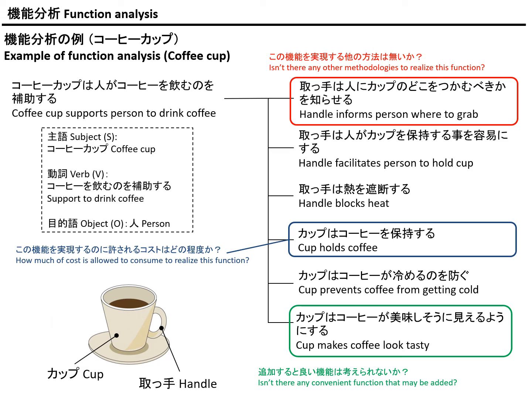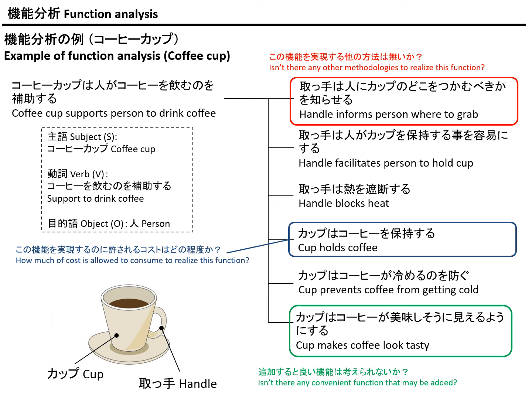And also, cup holds coffee, and you may ask this kind of question: how much cost is allowed to realize this function? If this cup is disposable, you may come up with the idea that a coffee cup doesn't need to be china, but a paper cup may be used instead.